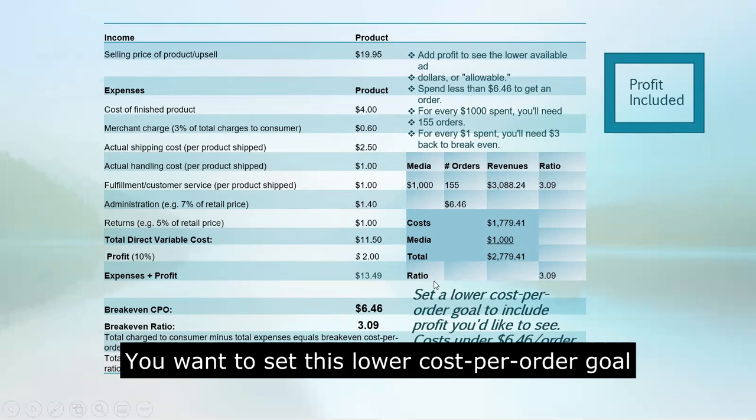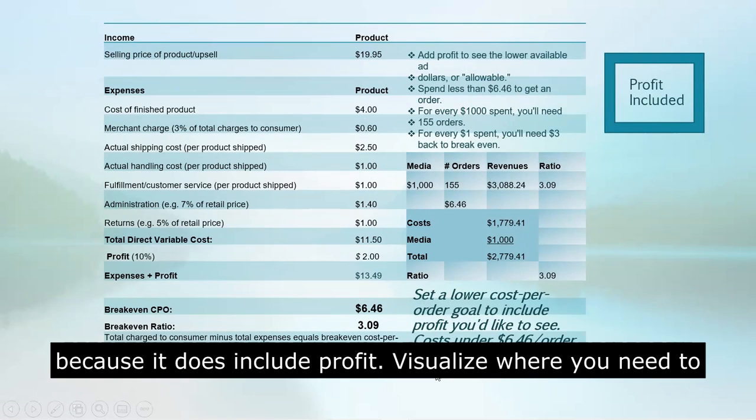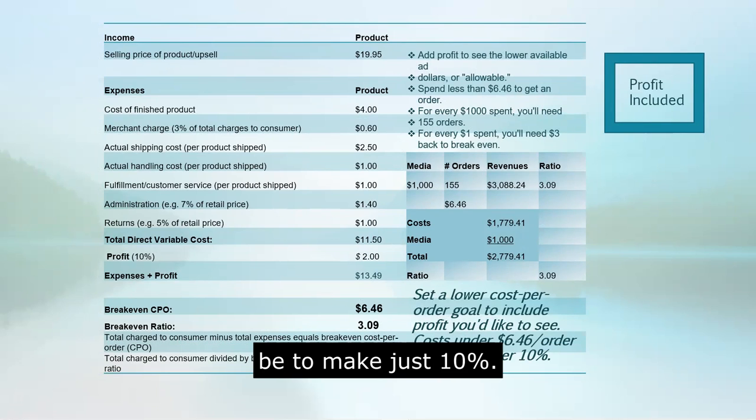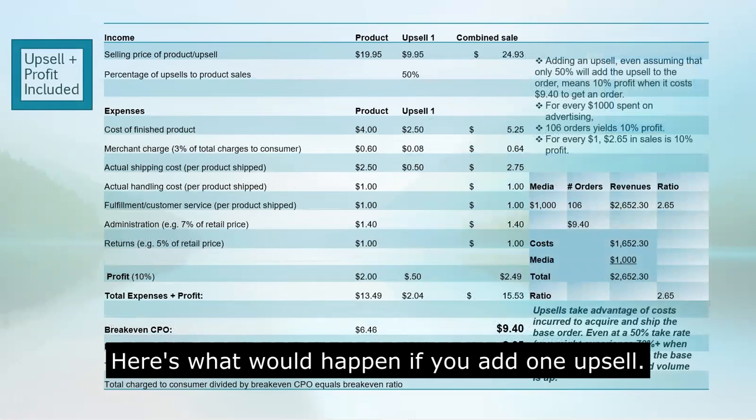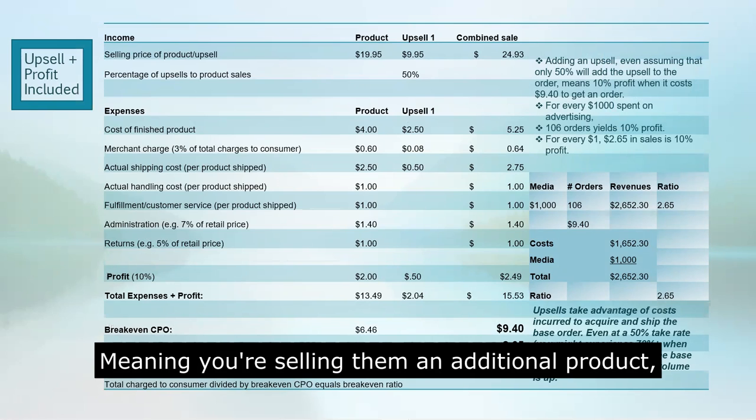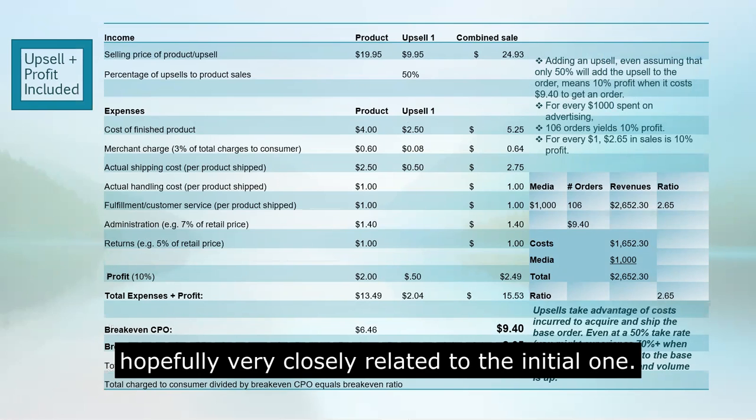And then you want to set this lower cost per order goal because it does include profit, so that you can visualize where you need to be to make just 10%. And if you beat that $6.46, you're making more than 10%. In this one, we went ahead and showed you what would happen if you add one upsell to that, meaning you're selling them an additional product, hopefully very closely related to the initial one.